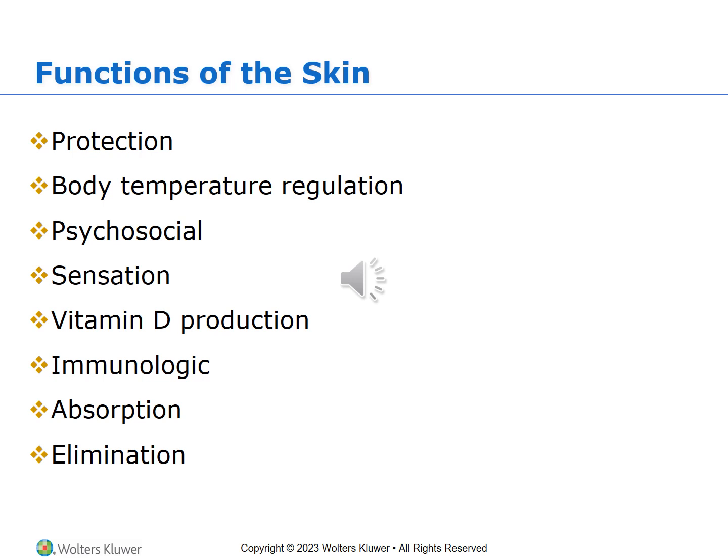I have special attention to protection. So it acts as a barrier for water, microorganisms, and damaging sun rays or ultraviolet rays, protects against infection, protects against injury to underlying tissue and organs, and prevents loss of moisture from the surface of the underlying structures. Okay, know all the functions of the skin.